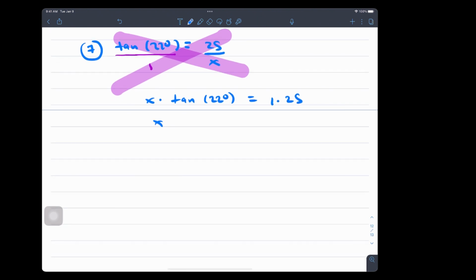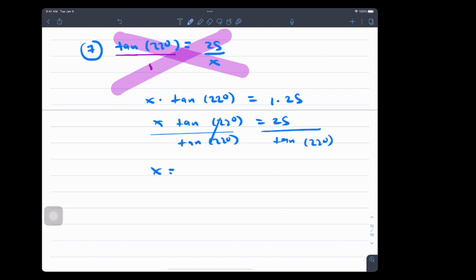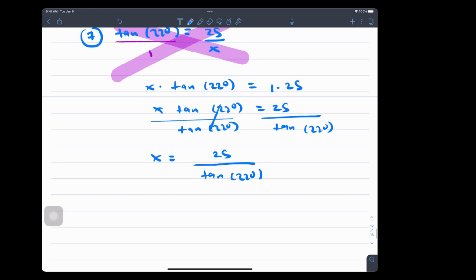So that means x tangent 22 degrees becomes 25. When you divide both sides by tangent of 22 degrees, you end up with x equal to 25 over tangent of 22 degrees. So 25 divided by tangent 22 degrees.